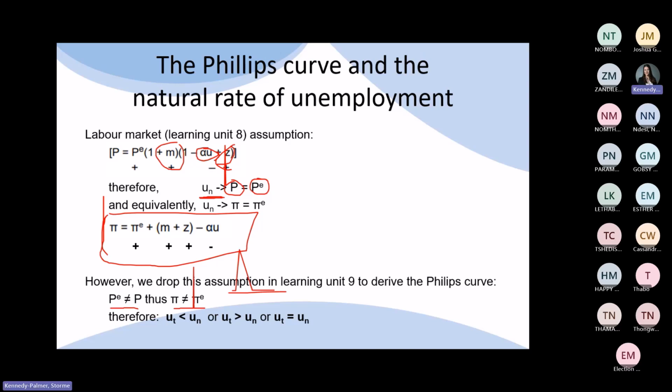We assume that inflation expectations are not constant and that past inflation is a good predictor of future inflation. Therefore, the Phillips curve is a relationship between the actual unemployment rate, the natural rate of unemployment, and the change in the inflation rate.